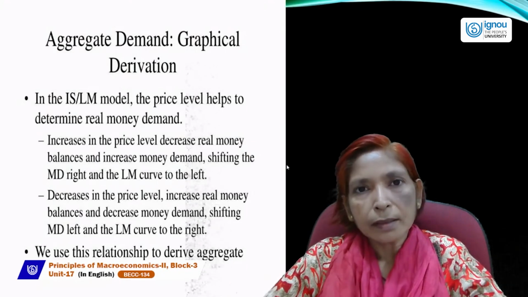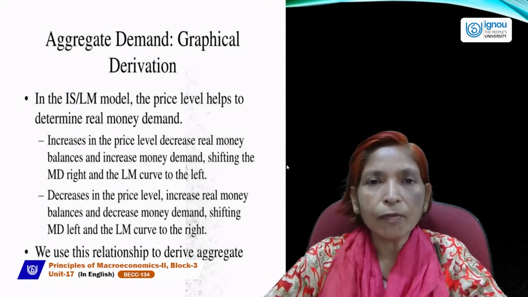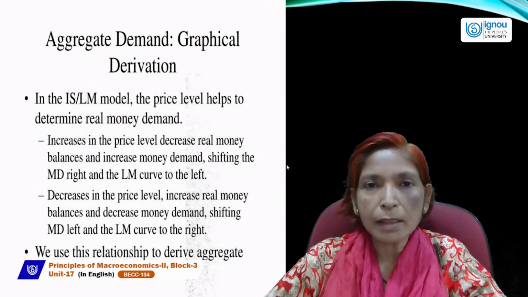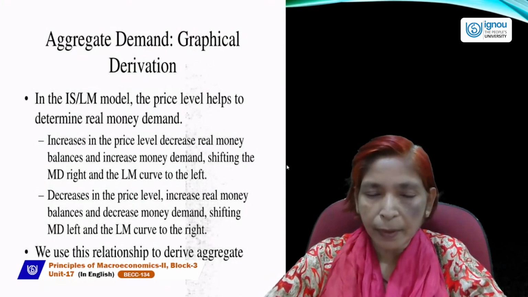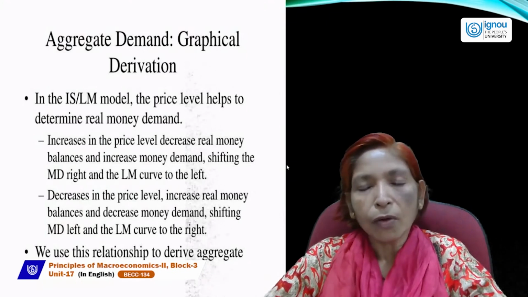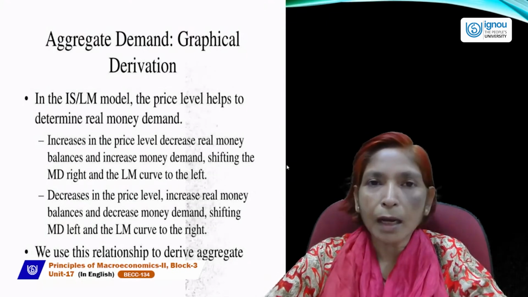We demand generally for two purposes: one is consumption and the other is investment. So there are mainly two components of aggregate demand, C and I.